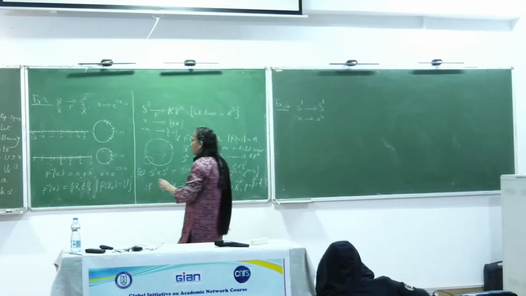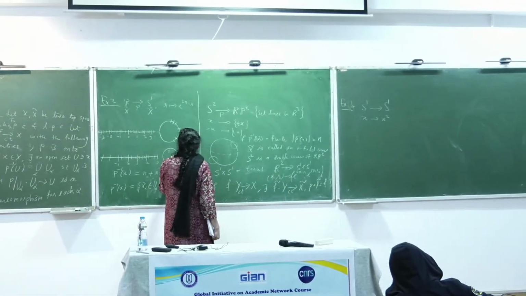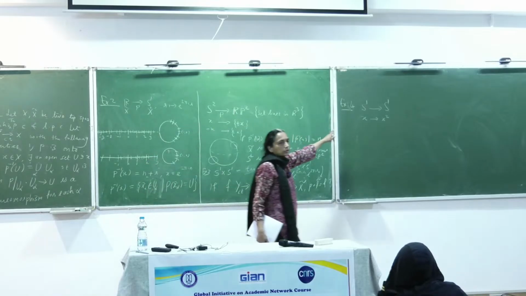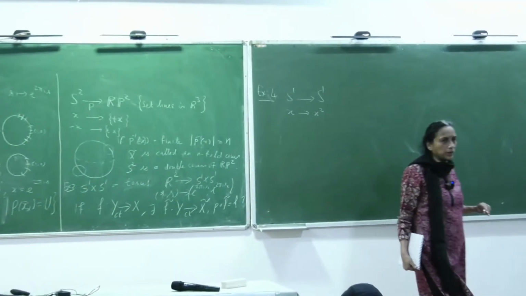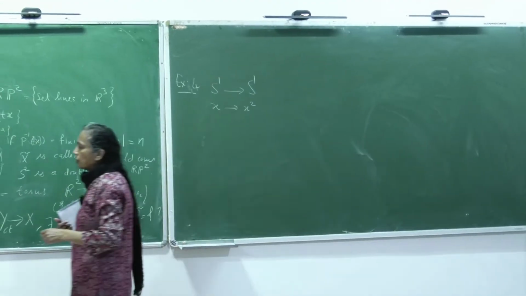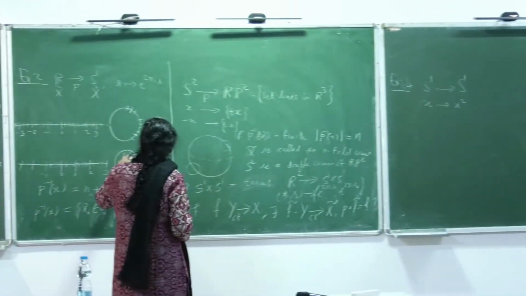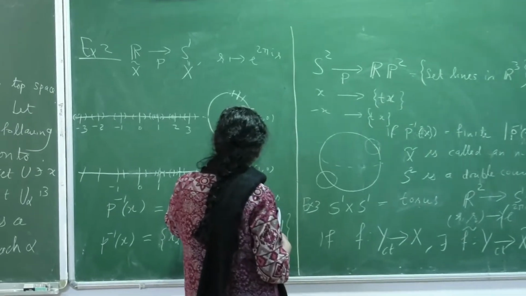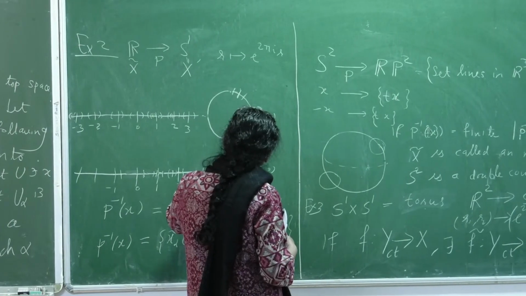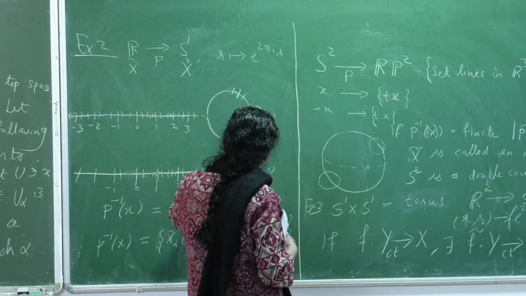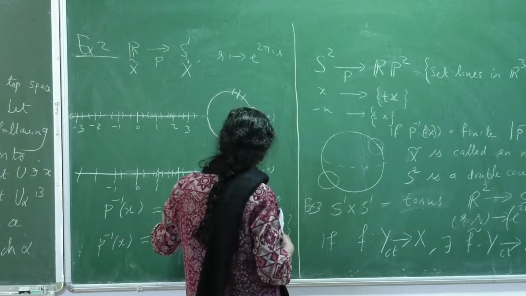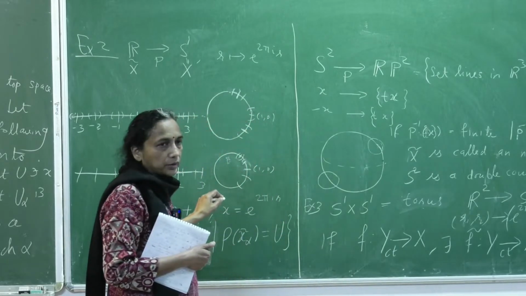If I take x going to x squared, every element has two inverse images. If I take a neighborhood here, it will have two inverse images under squaring, one and another one on the other side.